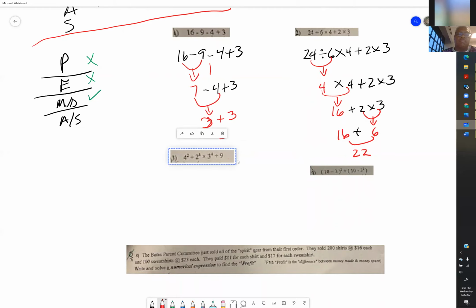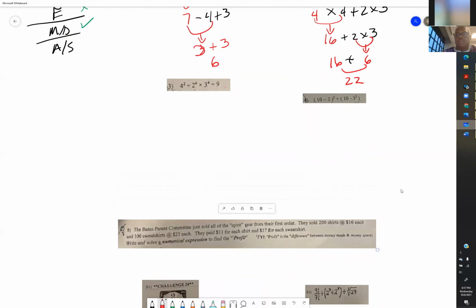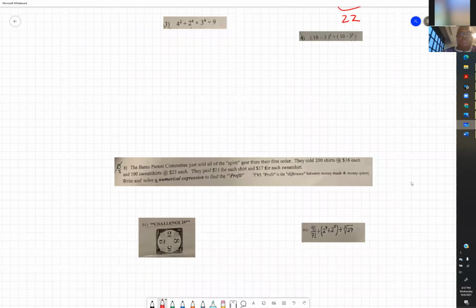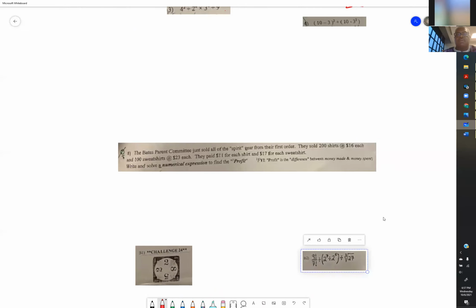I can't make it bigger. I can move it. I'm going to need some more space for these next two problems, so I gotta move this down, move these two down. All right.